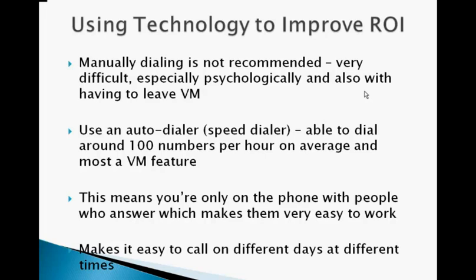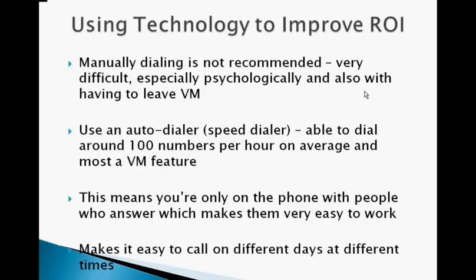First, you're working a couple hundred of these, and to sit there and manually dial every one of these numbers is going to get very old very fast, and mentally, it's going to get a little bit frustrating, especially when it comes to leaving voicemail. As everybody knows, leaving voicemail after voicemail using a manual dialing system is going to be tough. Using an auto dialer or a speed dialer, that's the way to work the aged internet leads.